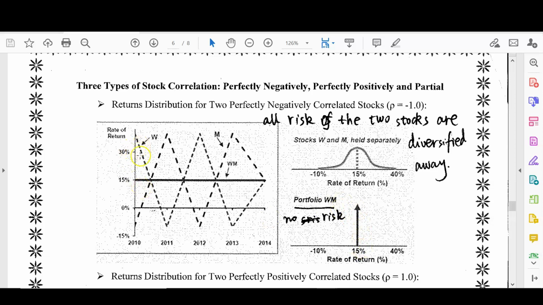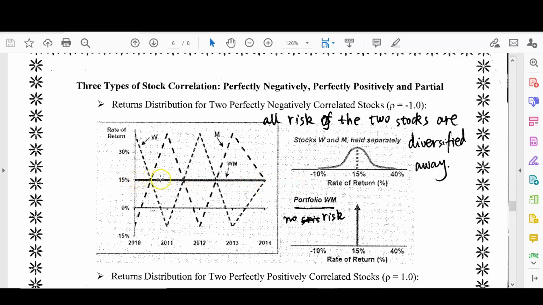When W has a 30% return, M has a 0% return. So when you hold this portfolio of the two, the average of these two returns is still 15%. The portfolio always has this expected return of 15%.